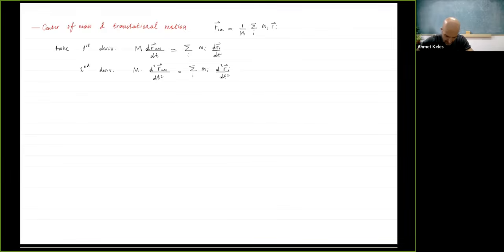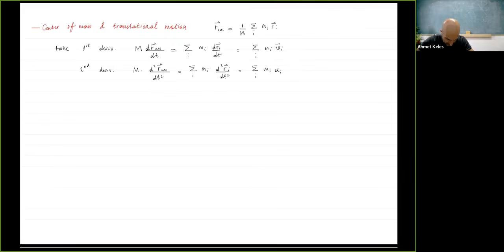But now I know what this thing is. For example, this one was the sum over all i of m_i b_i, and this one is the sum over all i of m_i a_i. But I know Newton's laws.